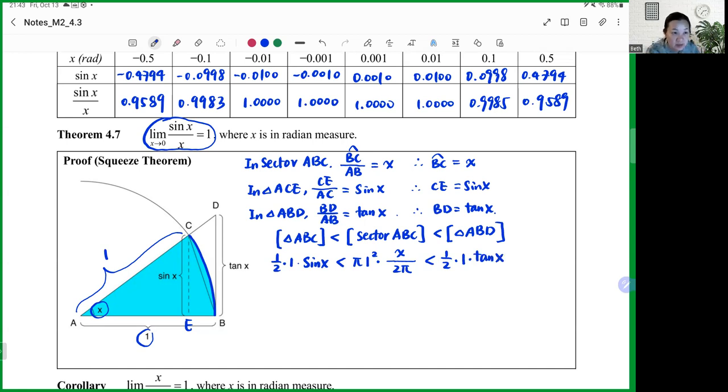Now this inequality must be simplified. Sine X over 2 is smaller than X over 2 and smaller than tangent X over 2.